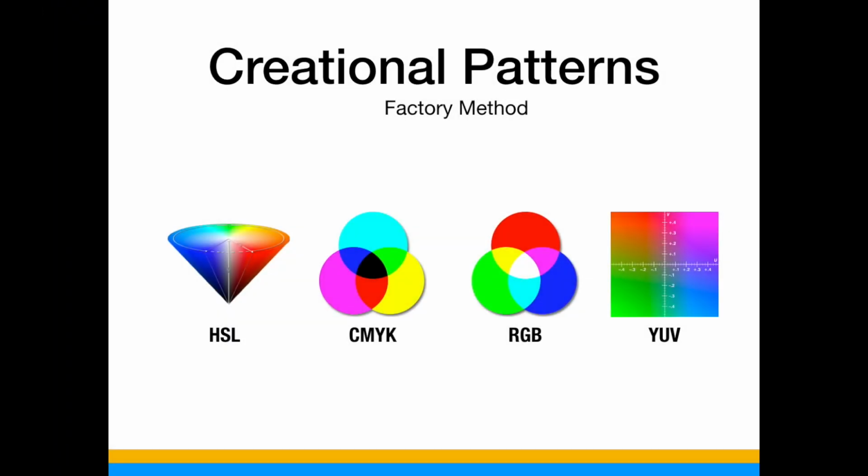So then let's talk a little bit about the factory method and what's a good example to try to understand the factory method. If you have ever worked with color, you might know that color is really defined by multiple color spaces, or recipes for color.